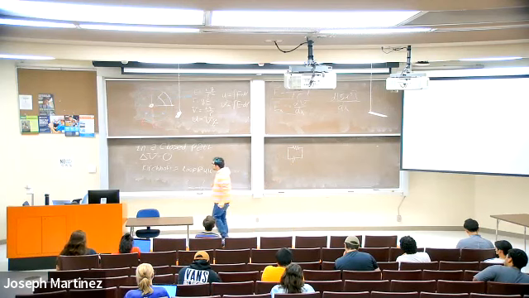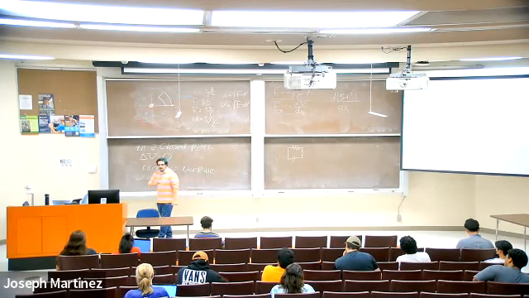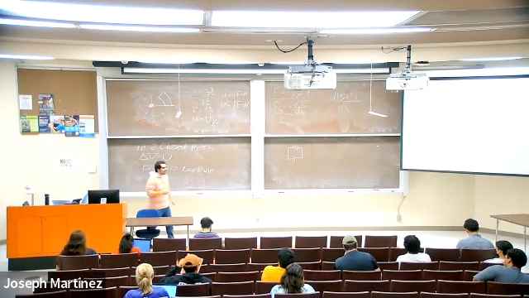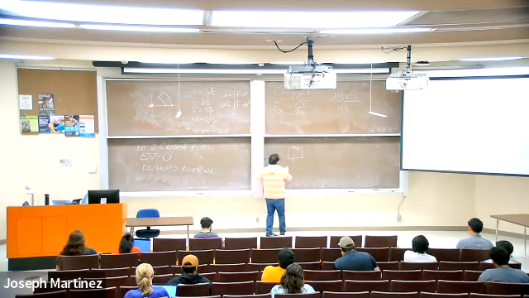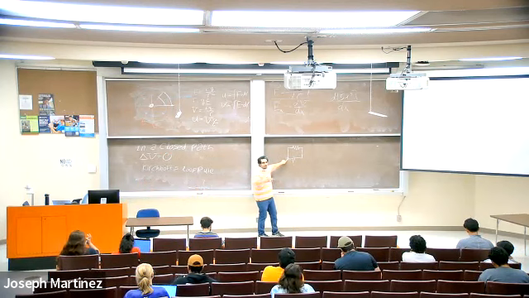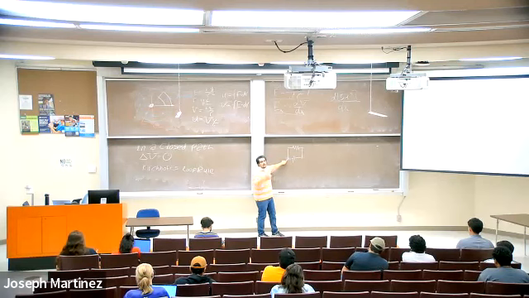Kirchhoff says that under that whole path, our delta V is going to equal 0. When we apply this rule, we just pick some location. It doesn't matter where we begin, as long as we end at that same location.